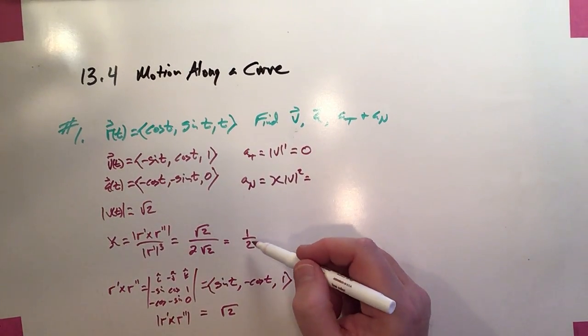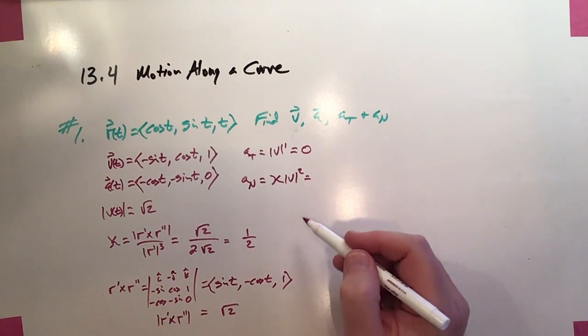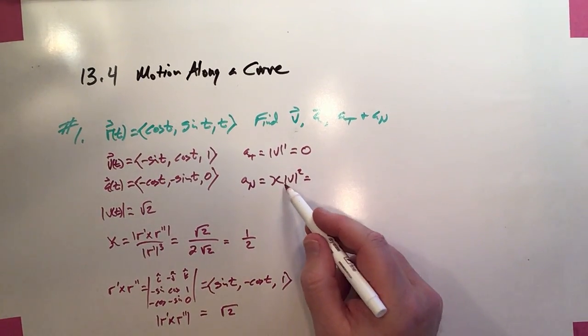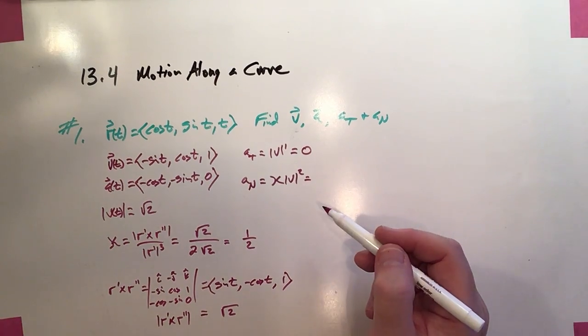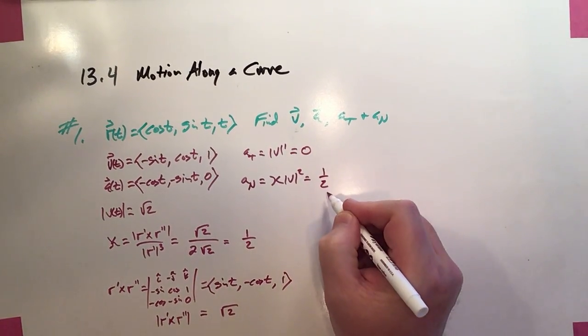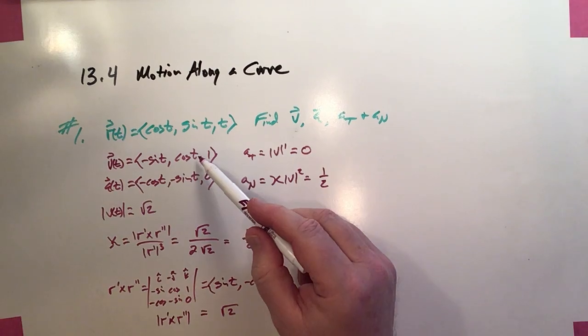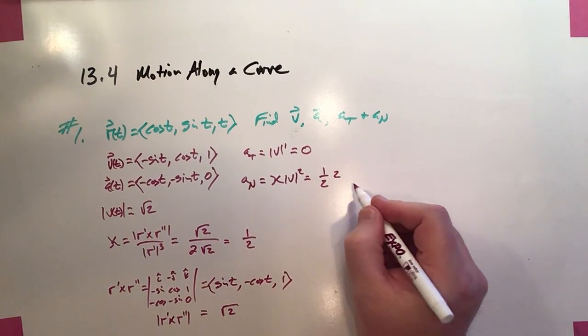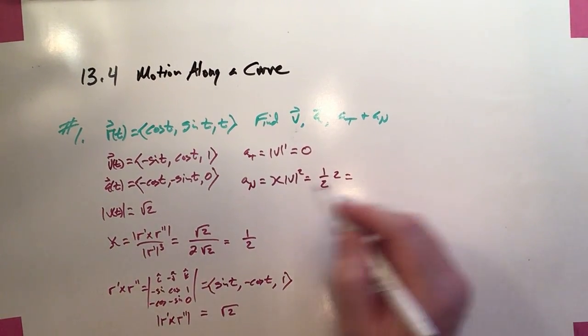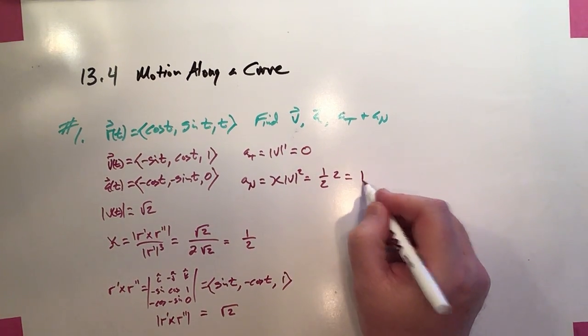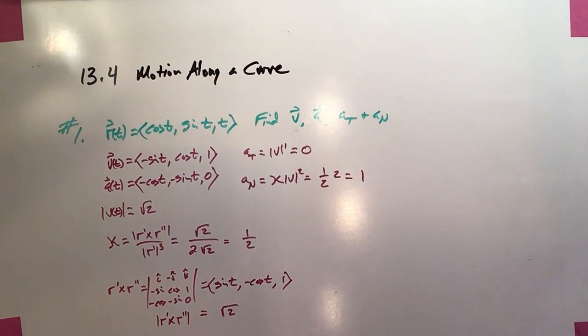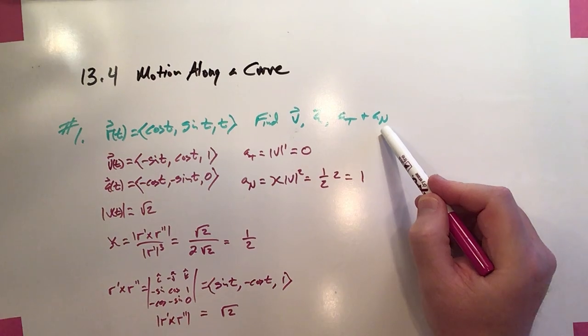So that's the curvature, and then finally we just need to multiply the curvature by the speed squared. So this is going to be 1/2. Of course, the speed was radical 2, and squared is 2. So we're going to end up with a normal component of the acceleration of 1, which means the acceleration in the normal direction is going to be 1 times the unit normal vector.